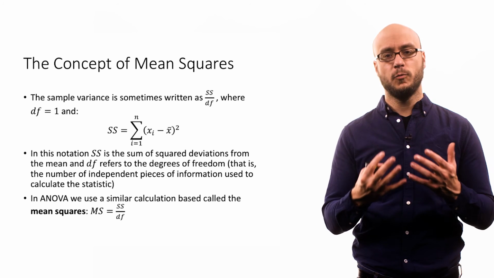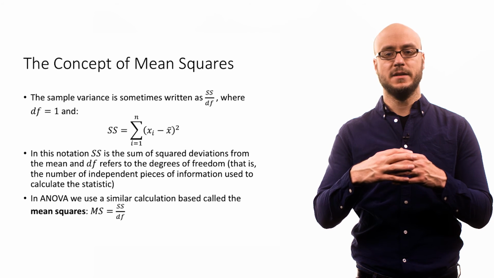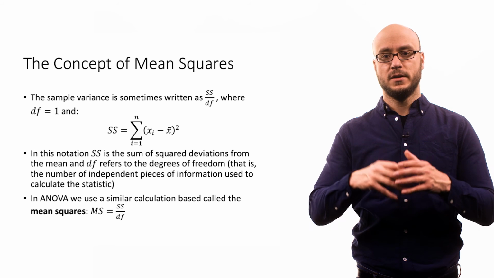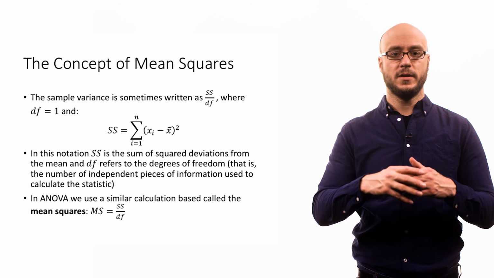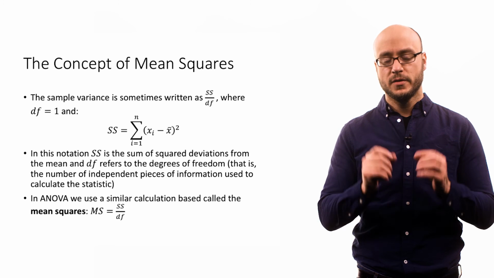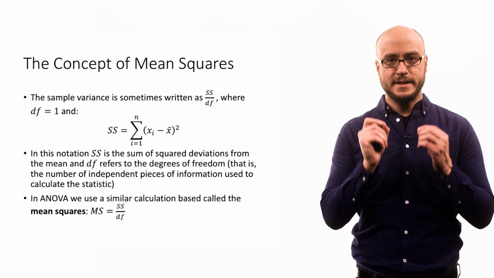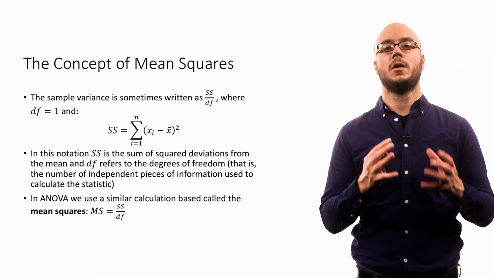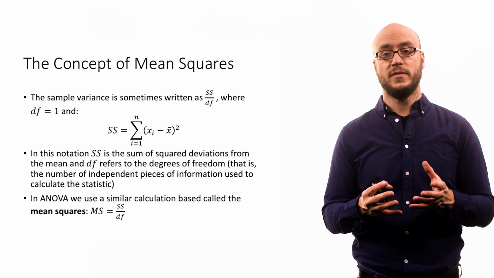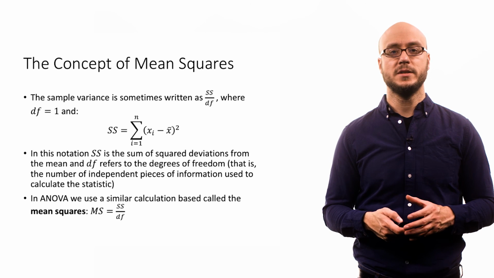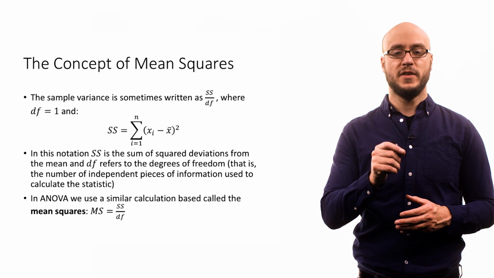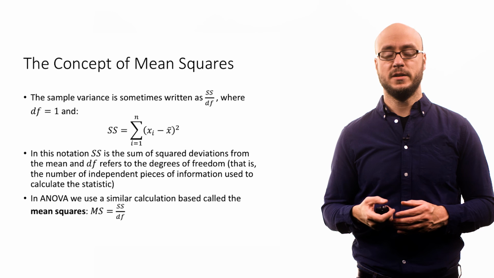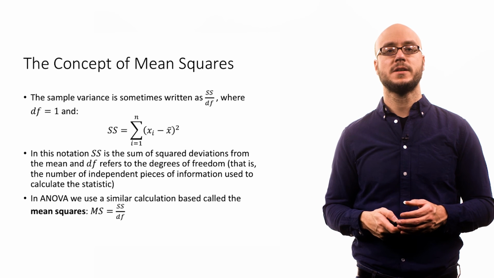There are many different ways of calculating some kind of sum of squares. You can compare your x values to the predicted values, or you can compare them to some group mean. The point is that this idea of sum of squares divided by the degrees of freedom, that's what we call a mean square. So the sample variance is a particular kind of mean square in which you take each observation, subtract out the mean, square it so it's positive, add up all those values, and then divide by the degrees of freedom.